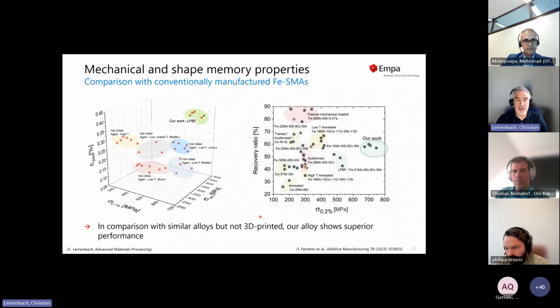Also summarizing all parameters or properties at once in comparison with other alloy systems that we have found, conventionally manufactured iron manganese silicon shape memory alloys, and here in comparison also with others. Here's the recovery ratio versus the yield strength, so mechanical properties versus shape memory properties.